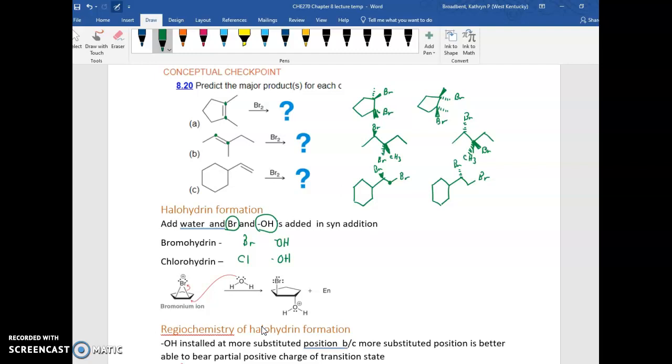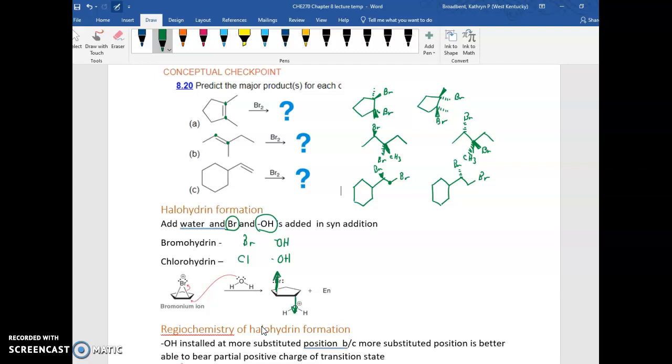So the mechanism is the same. The halogen reacts first, blocks the top of it, and so you end up with one of them being up and the other one being down.